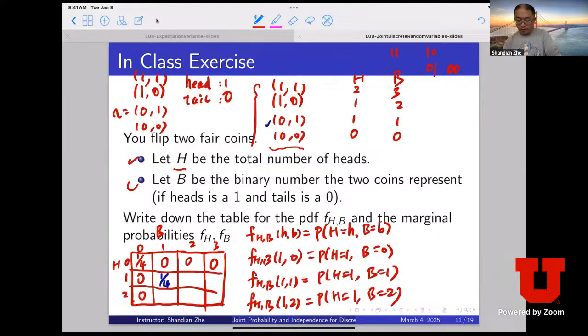Thanks for pointing out. We actually find one outcome. This one is 1, 0, which gives you H is 1, but B is 2, because the binary sequence for this is 1, 0, and the number is 2. So what's the probability? Yeah, 1/4. Okay. So how about H is 1 and B is 3?